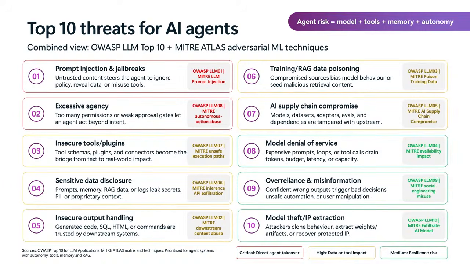Following this, we have high-level threats like insecure tools, sensitive data disclosure, insecure outputs, data poisoning, and supply chain compromise. These are major concerns which could impact the data or tools that an agent relies on. And finally, we have threats such as denial of service, misinformation, and model theft. These are in the medium category as they relate to resilience risk.